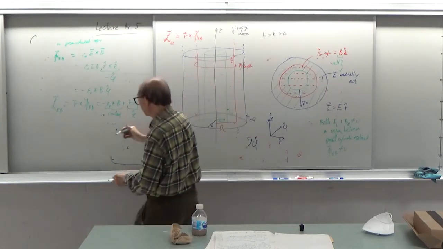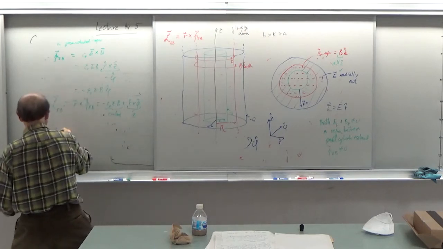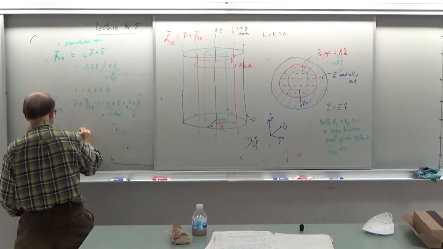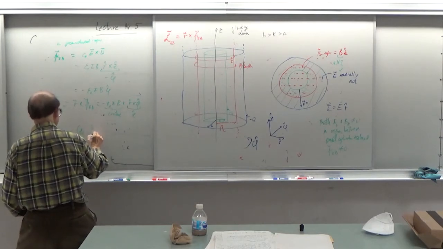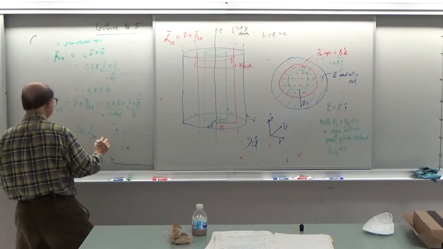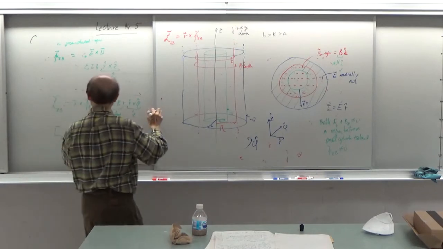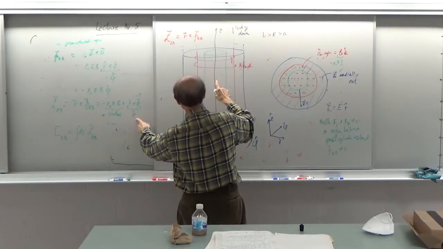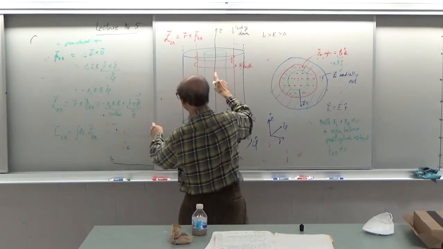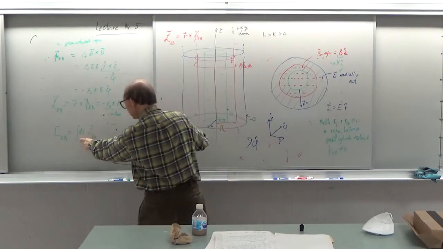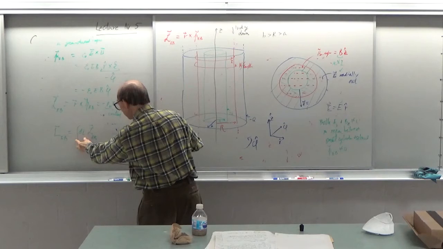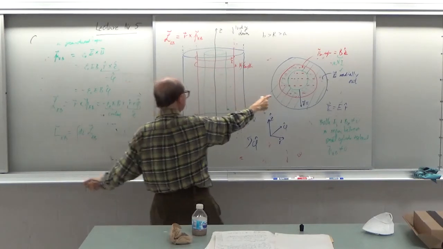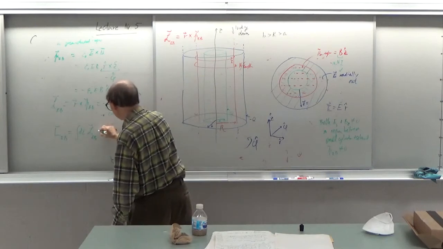To work out the total angular momentum, all you have to do is a volume integral. Since the angular momentum density is constant along this direction, the integration is easy. It's nothing but the volume of the green shaded region, so this can be done very nicely.